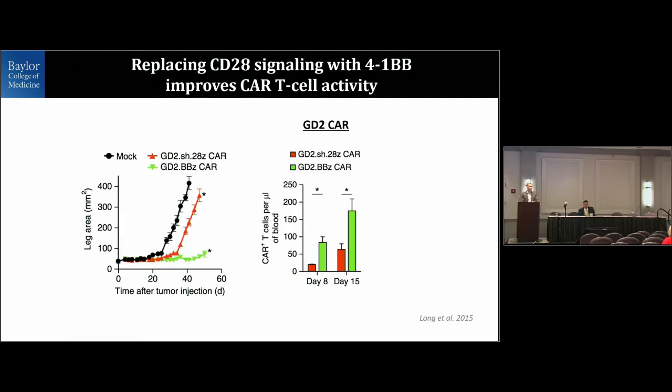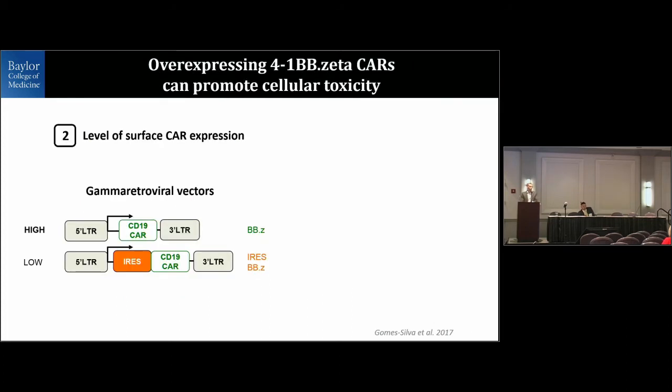And probably both of these mechanisms are contributing to the superior function of the 4-1BB CARs in vivo, as demonstrated here, and also lead to a better expansion of these CAR T cells in the blood. I'm going to switch gears and illustrate how the level of expression can affect the magnitude of tonic signaling. We modeled this in our recent publication, using a gamma retroviral system that drives a really high expression level of a CAR, in this case containing the 4-1BB endodomain.